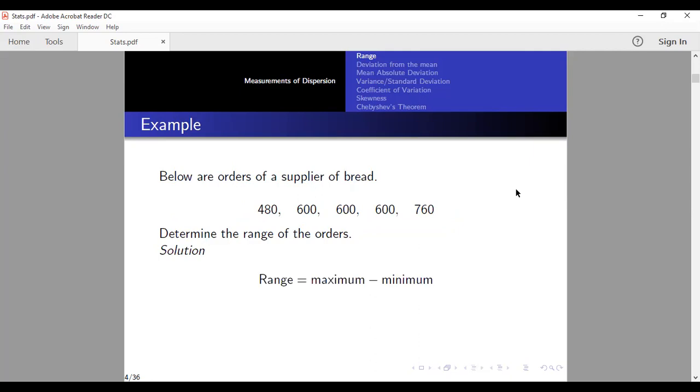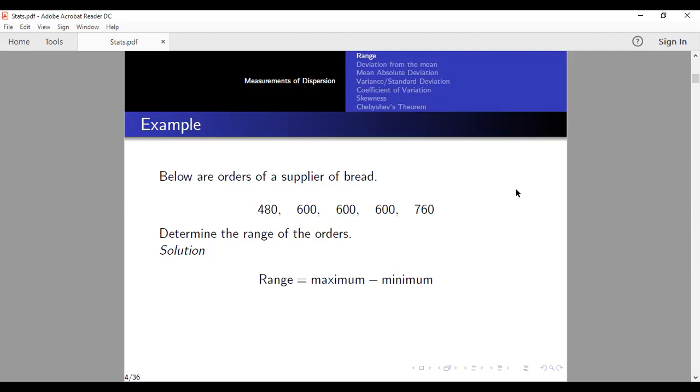We don't care about the values in between. The range doesn't really care about outliers. It just simply cares about what is the maximum, what is the minimum. Of course, most of the time, if there is an outlier, the highest value will be that outlier.